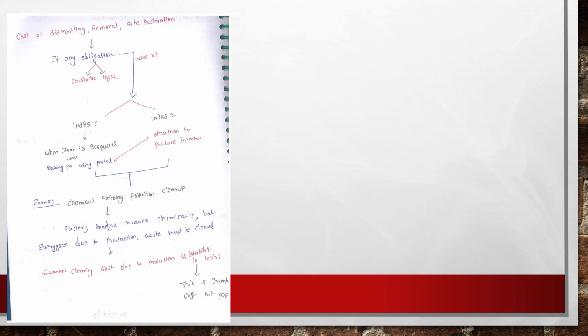What is the dismantling cost and removal of site marks? There are a few obligations. Will it come with a legal obligation or a constructive obligation? Either legal or constructive, however it is. Legal obligation means the government itself puts in the condition.